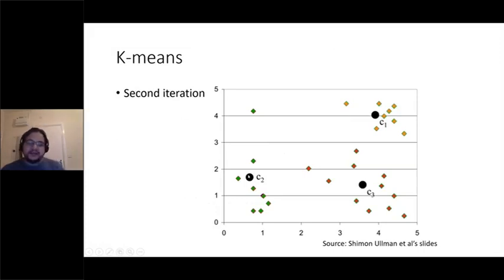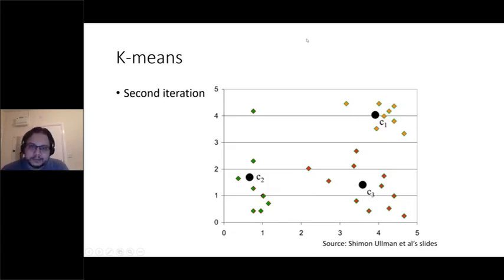It's trying to find 3 centroids where the distance between the point and the centroid is minimal. It's trying to find the minimum distance between the data points and their centroids. Same here. If, for example, the centroid is here, and this one is here, the distance between them is very far.